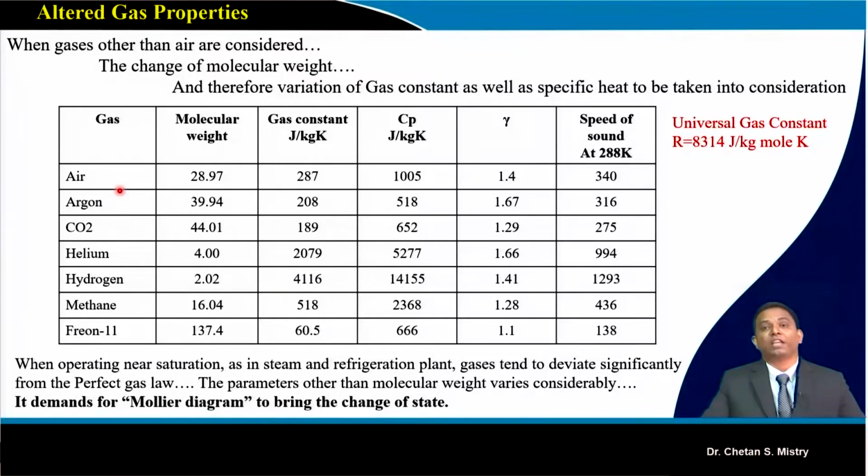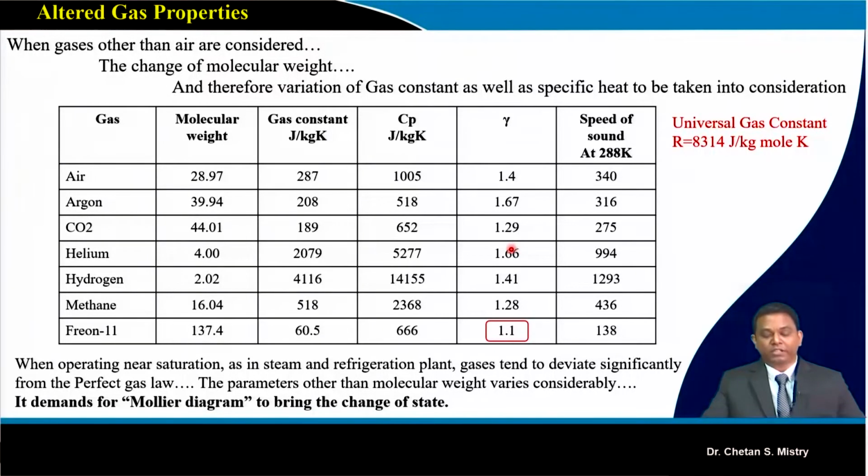Especially these compressors are being used for these different kinds of gases. We will see what the importance is. So here the table represents the gases, molecular weight, gas constant, specific heat ratio, and speed of sound, which is root gamma RT, at a temperature of 288 K.